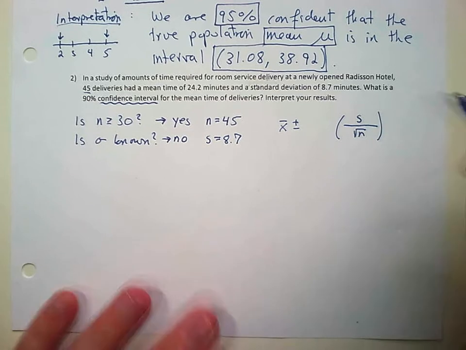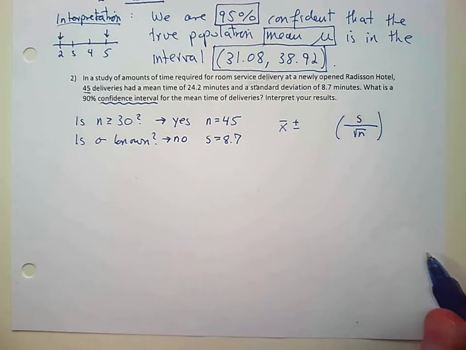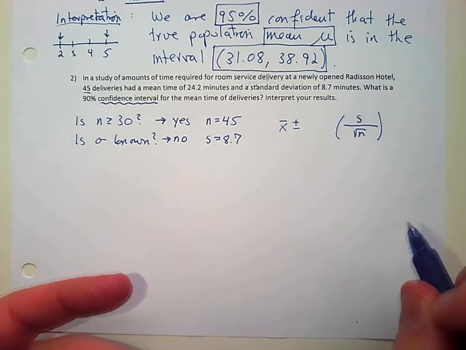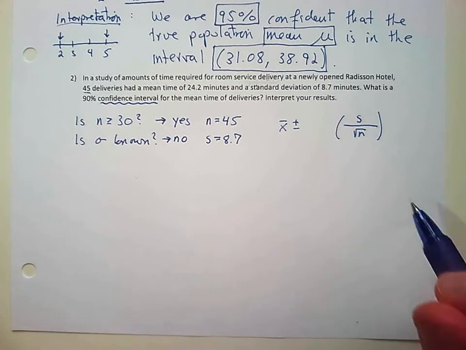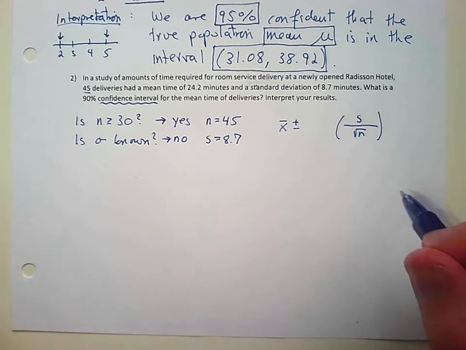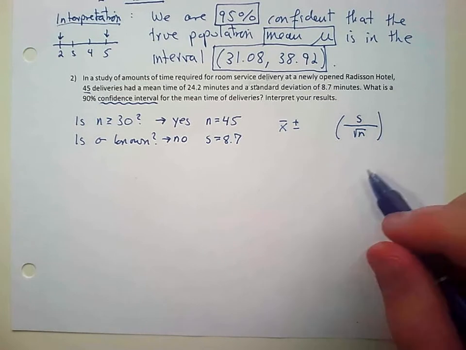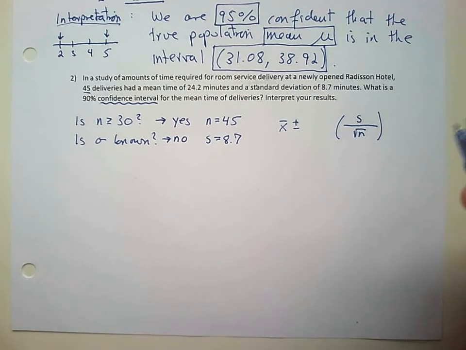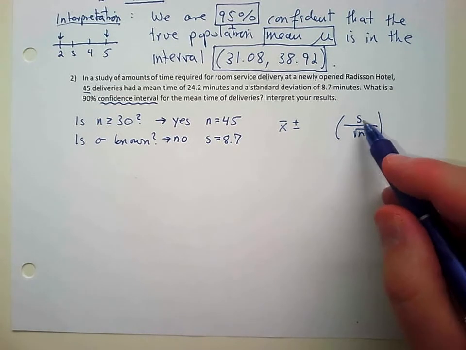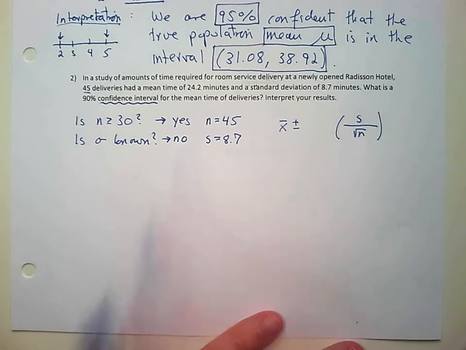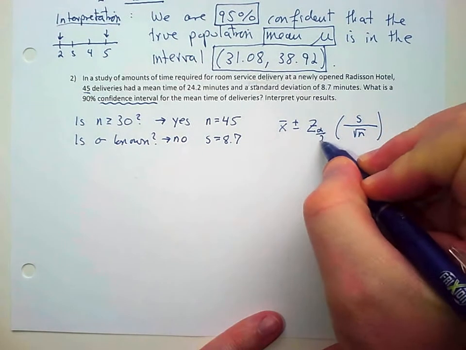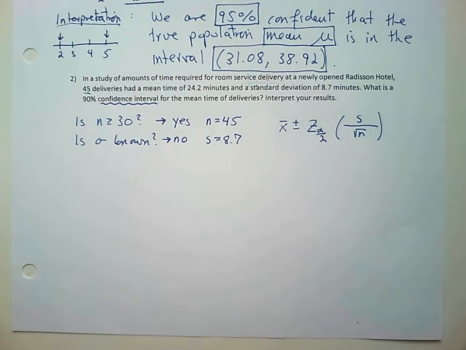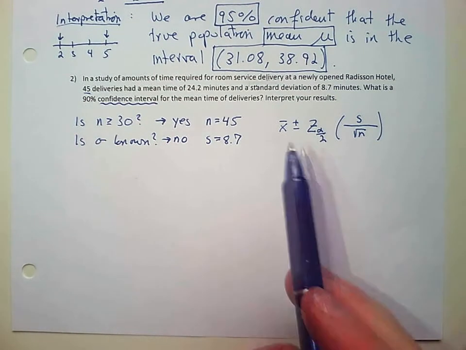So here, like we have in this case, we're going to use S. They're never going to give you both standard deviations for the population and for the sample. And even if they did, as long as you know sigma, you're going to use sigma. If you don't know sigma, you're going to use S. So up here, we're going to use this. And like I said before, if we answer yes to at least one of those questions, we're going to use z sub alpha divided by 2.